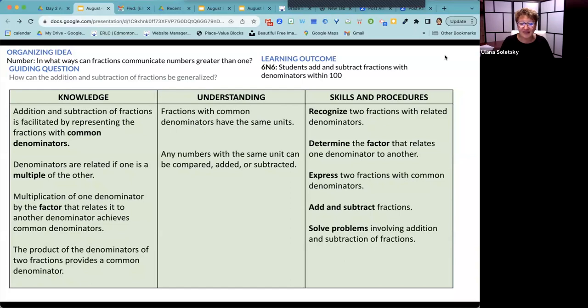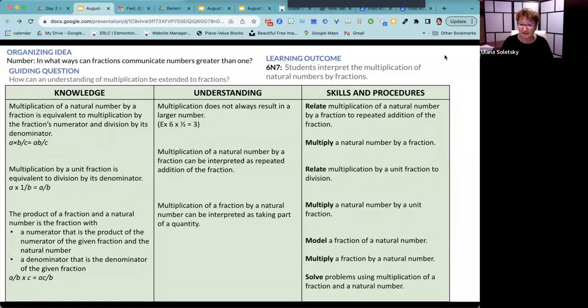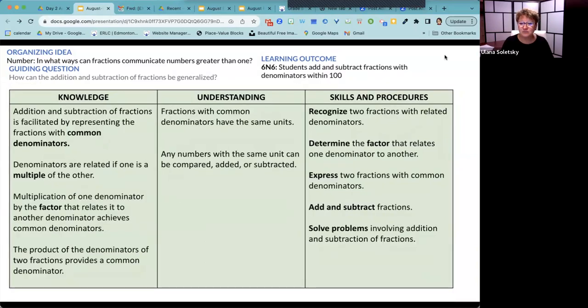Now, this adding and subtracting fractions is from grade 7. And so I know Tracy is sitting here because Tracy actually teaches grade 7, 8, 9. And so Tracy, you can see a lot of our grade 7 math in grade 6, but you can also see that foundation being built all the way from grade 1.